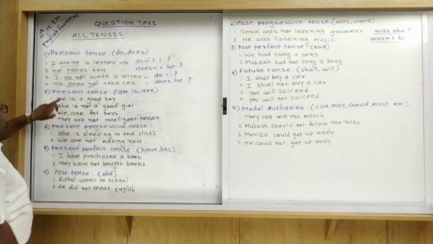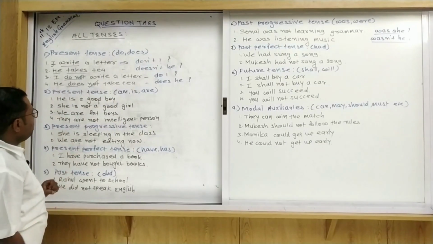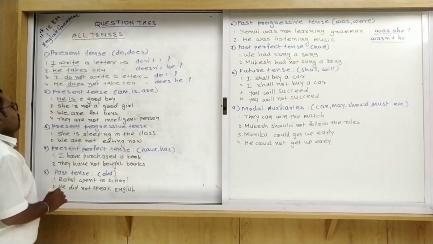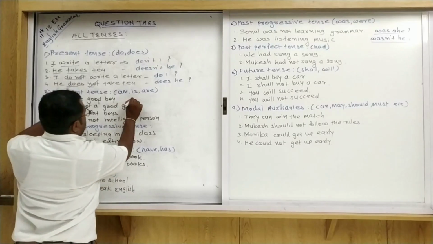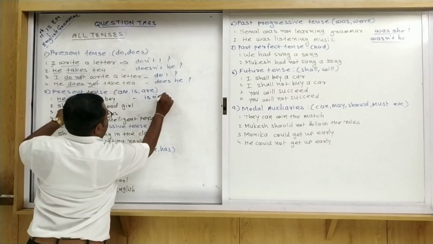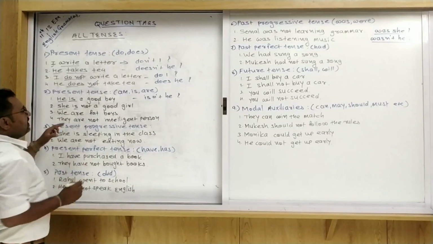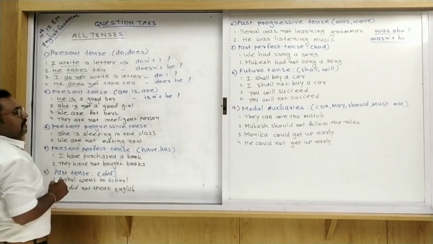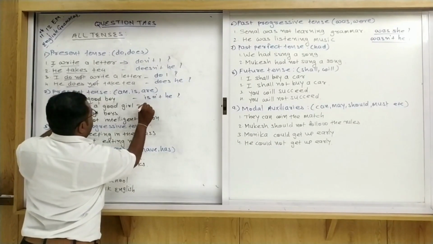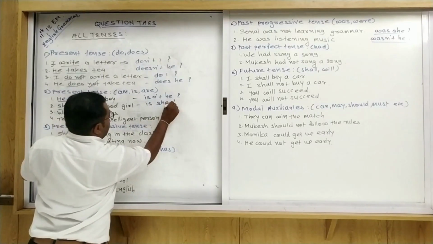Okay, dear friends. Now second one, present tense, to be form, am, is and are. See, he is a good boy. He is. So negative, isn't he? She is not a good girl. We should remove not and write is she.